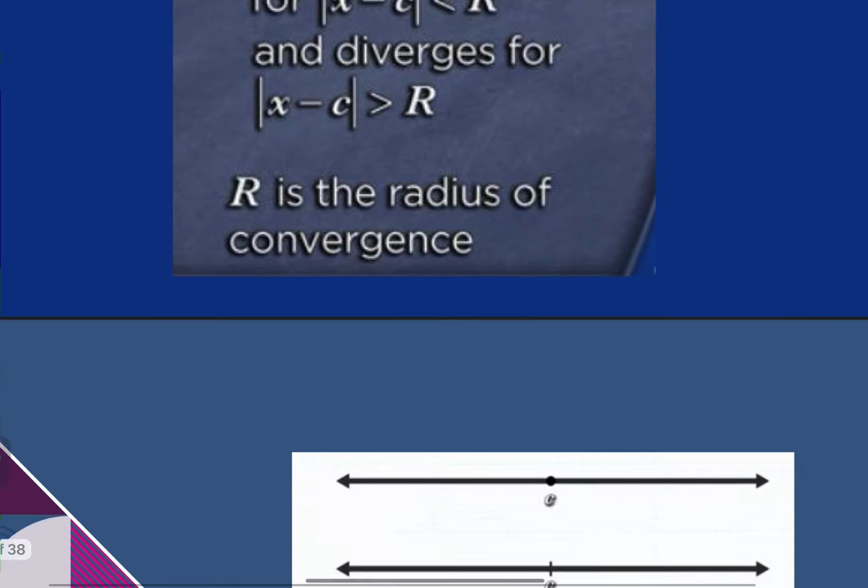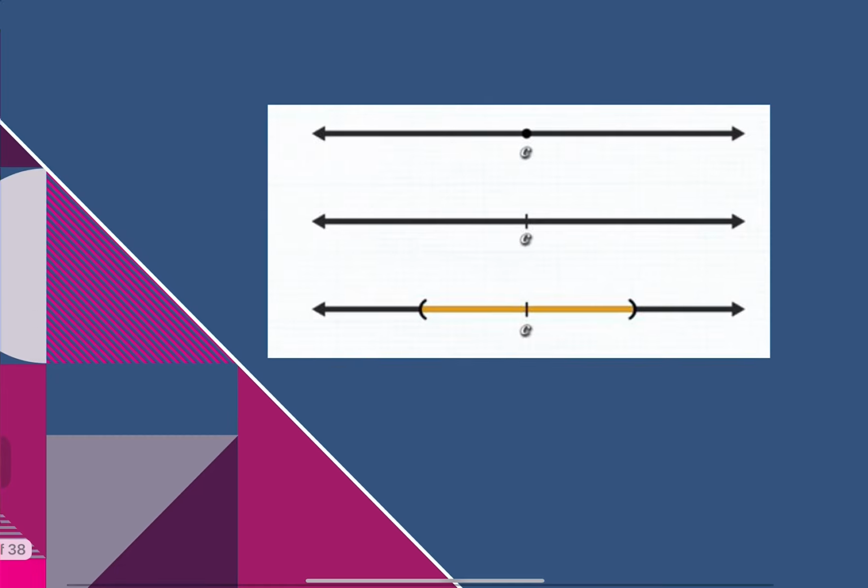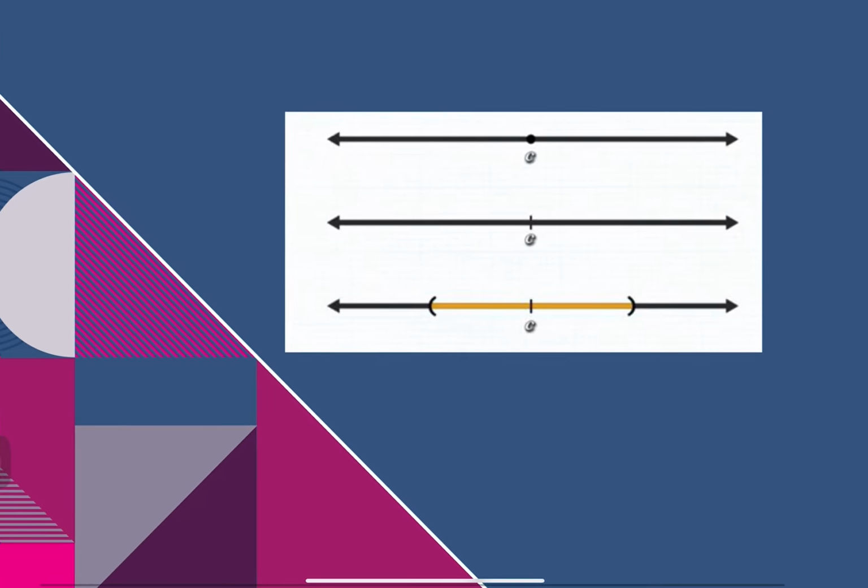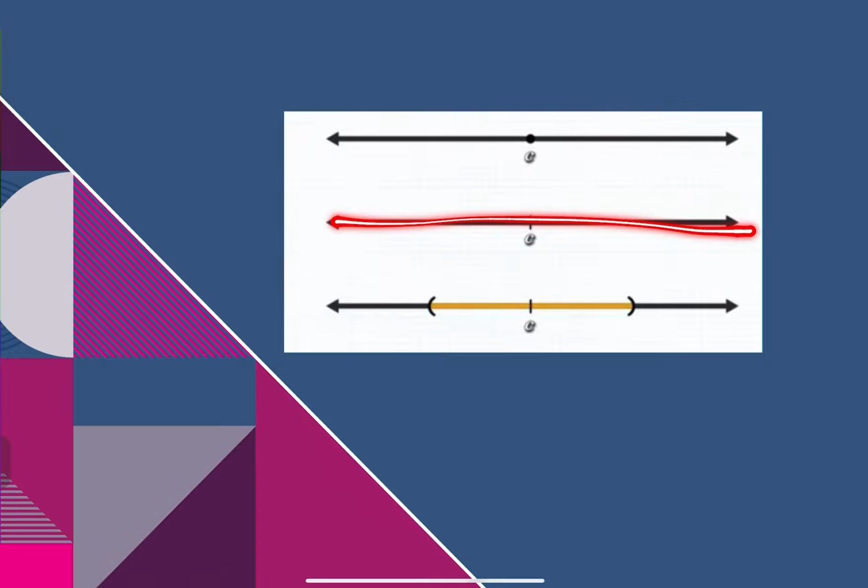So this is the picture of what we're talking about. In one case, you might have just a single point of convergence, so let's name this c. The next case is, I think, the best because it converges everywhere, on the entire real number line.